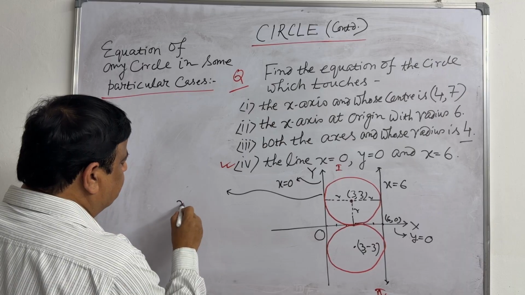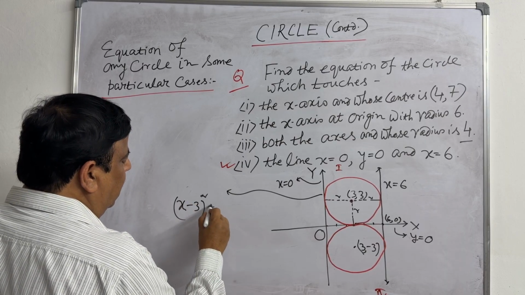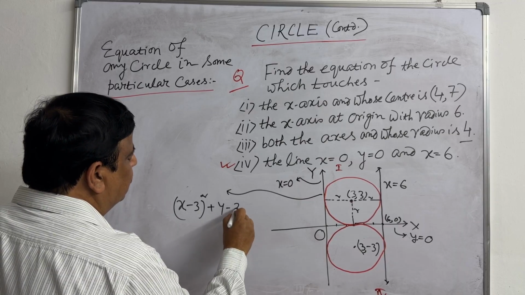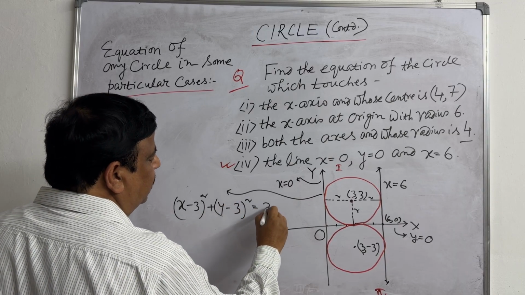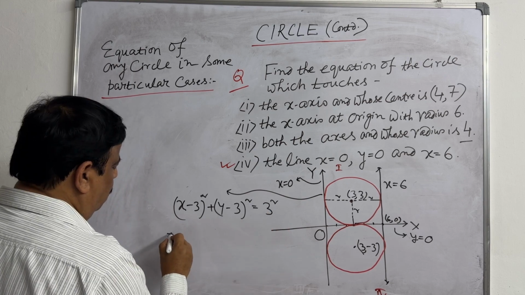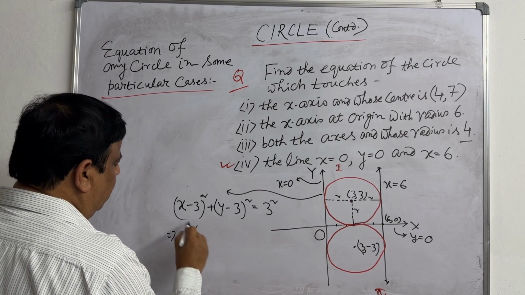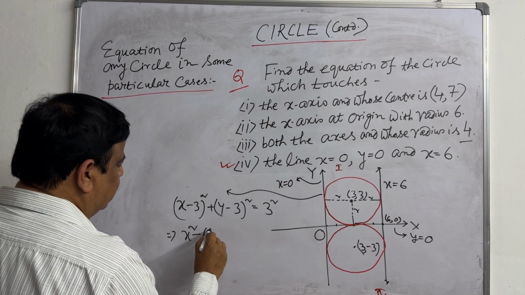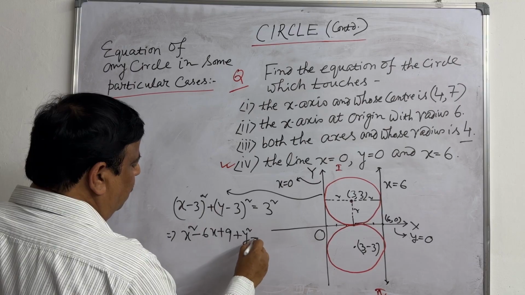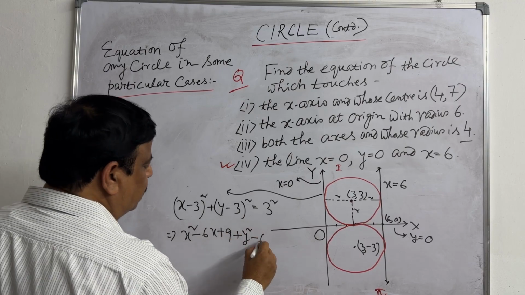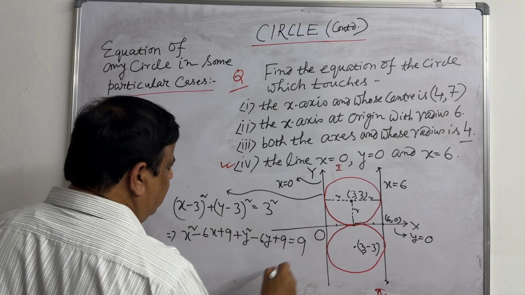So if you consider this circle in the first quadrant, what will be the equation? It will be (x minus 3) whole square plus (y minus 3) whole square, that is equal to 3 square. So if you expand, x square minus 2 into 3 into x, 6x, plus 9, plus y square minus 2 into 3 into y, 6y, plus 9, that is equal to 3 square, 9.